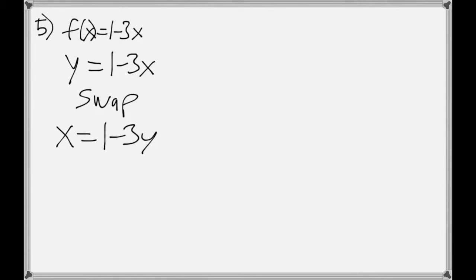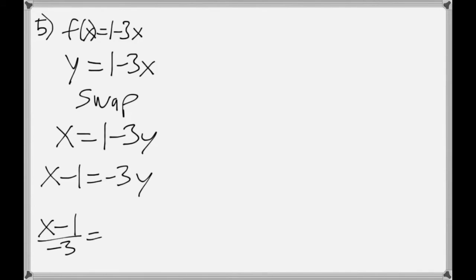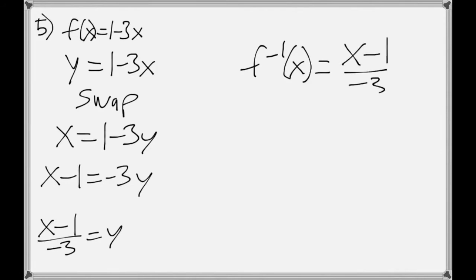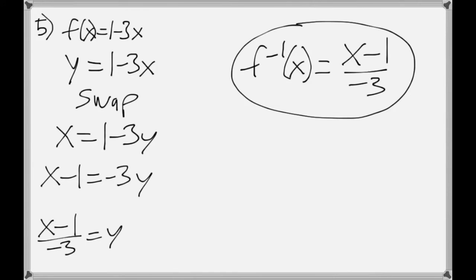So I need to subtract 1, and then I need to divide both sides by negative 3. So my final answer, now that I've solved for y, is f to the negative 1 of x, or f inverse of x, that's how that's read, is equal to x minus 1 over negative 3. And that'll be our final answer.